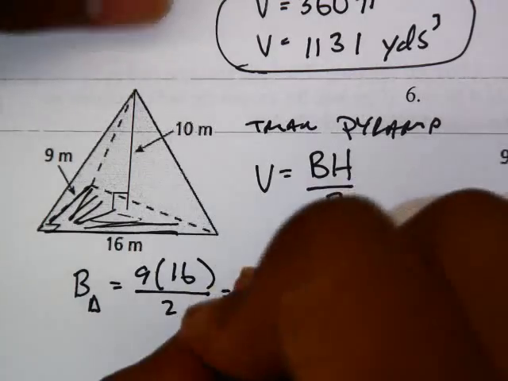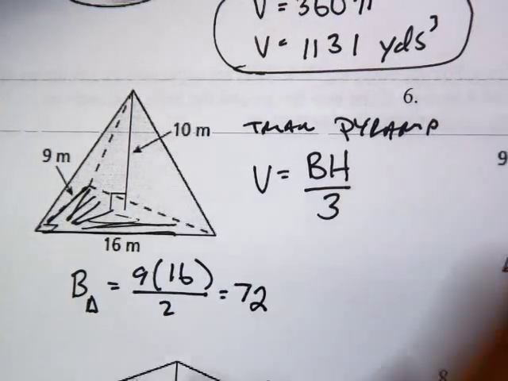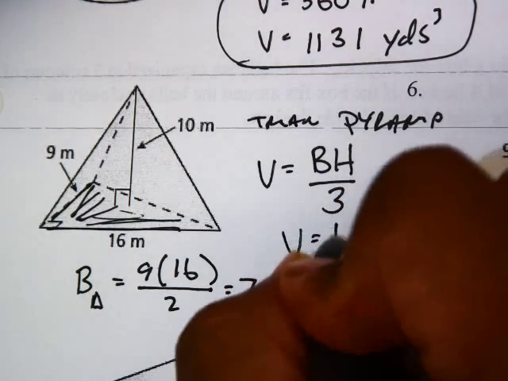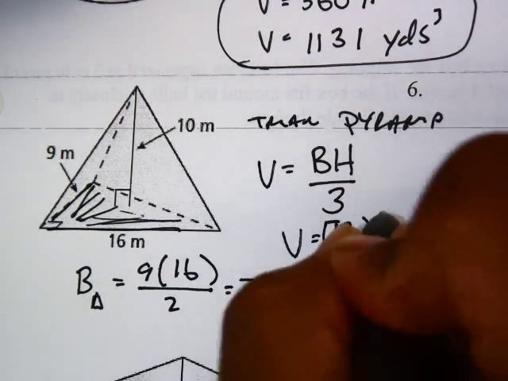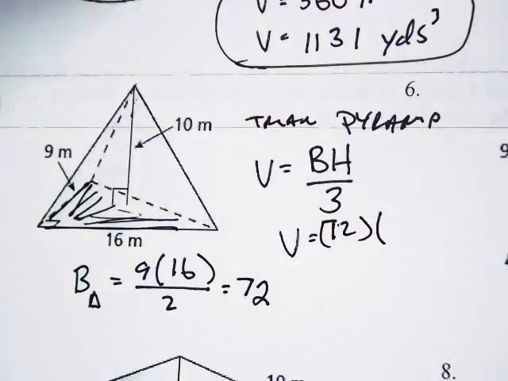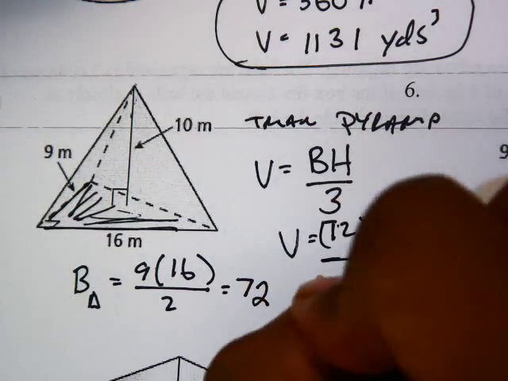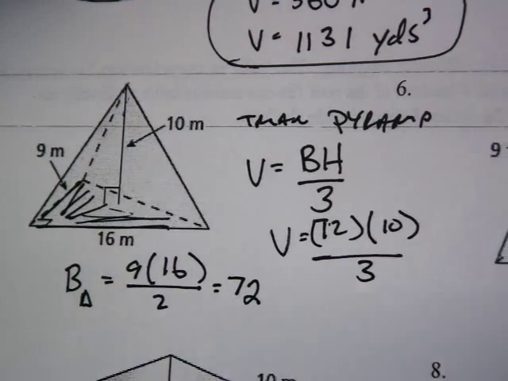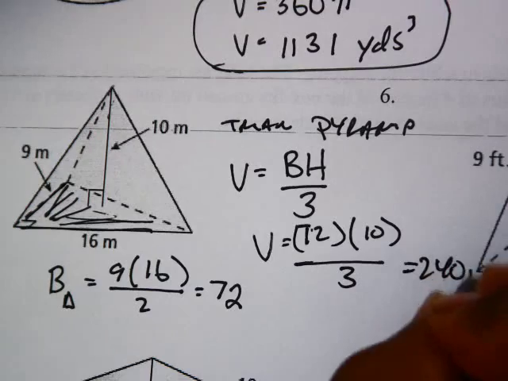So 9 times 16 divided by 2 is 72. So that's my capital B. My height of the pyramid is 10, and I need to divide that by 3. So that's 240 meters cubed.